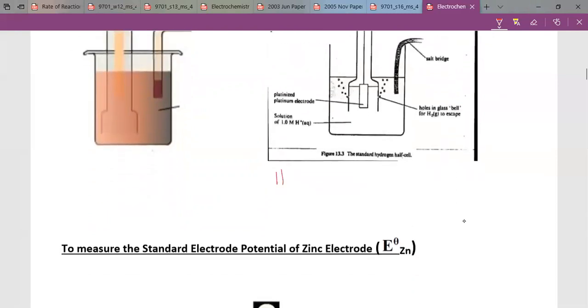As it sticks onto here, hydrogen also can undergo ionization, you see? It becomes 2H plus plus 2 electrons. But the H plus here will cause it to go backwards. So there also exists, in this case, inside this platinized electrode, H plus here.